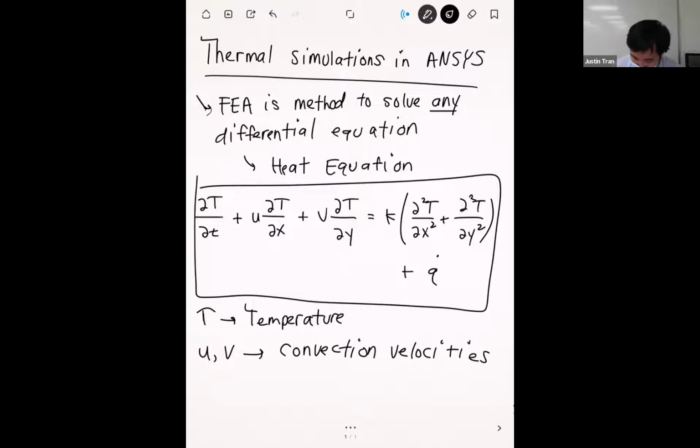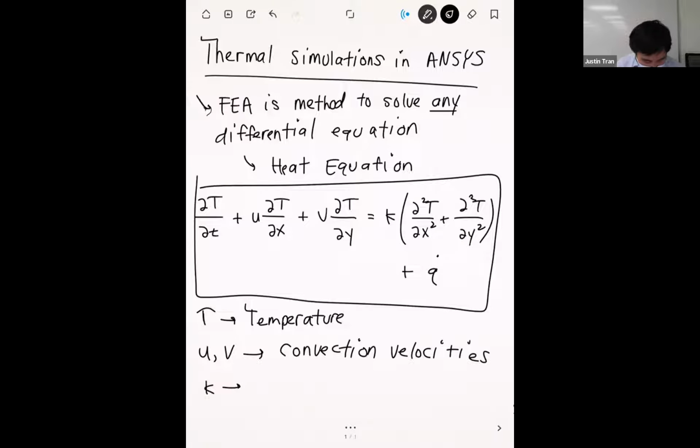Convection is the idea that when you have some kind of moving fluid, let's say airflow or water flow, then that enhances heat transfer. That works its way into the equations with those convection velocities and those first order derivatives.